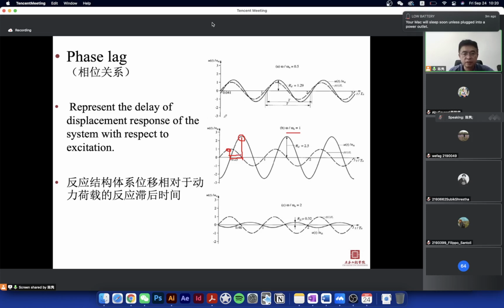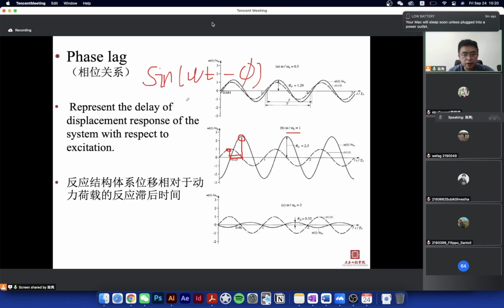Because it's expressed with phi, we have sine of omega t minus phi. This is the so-called phase lag or phase angle.